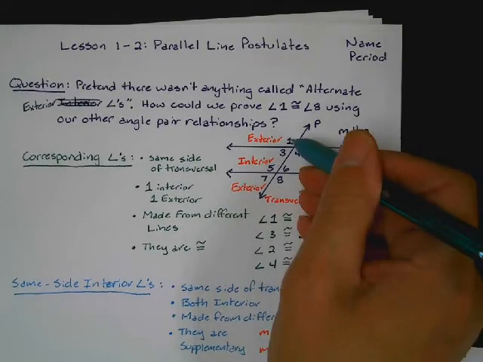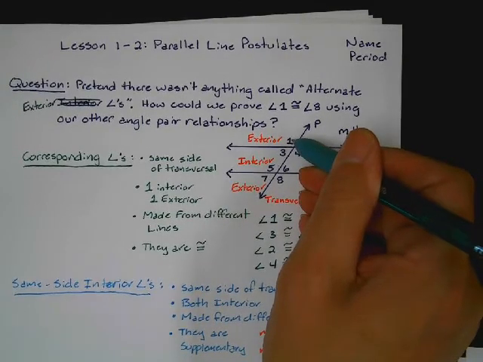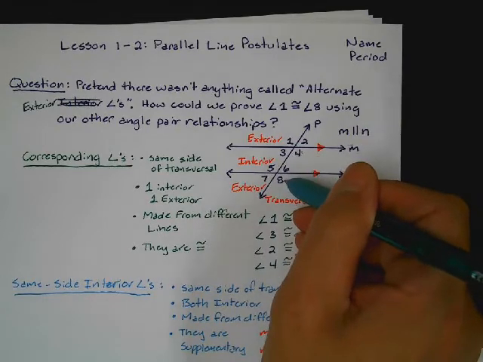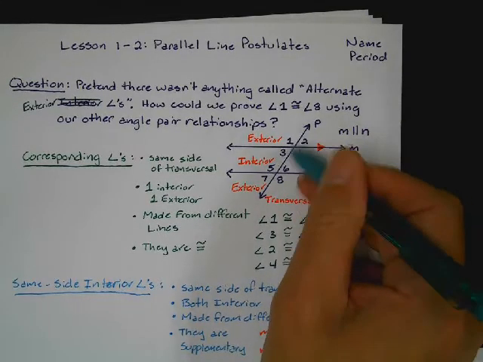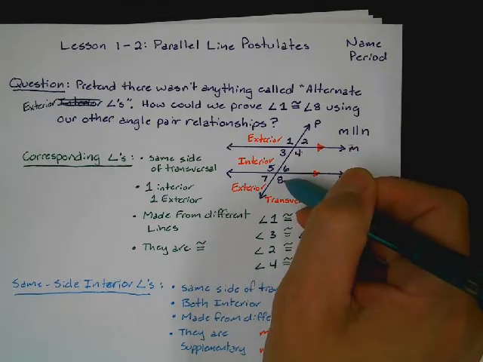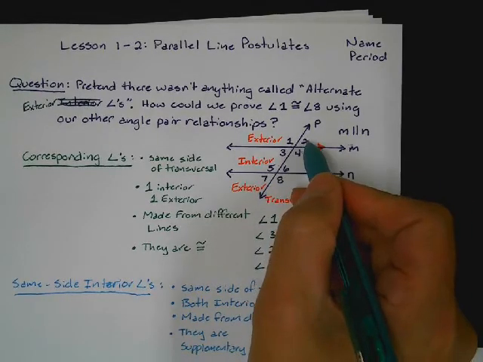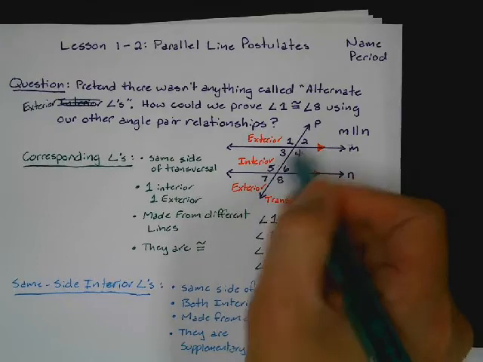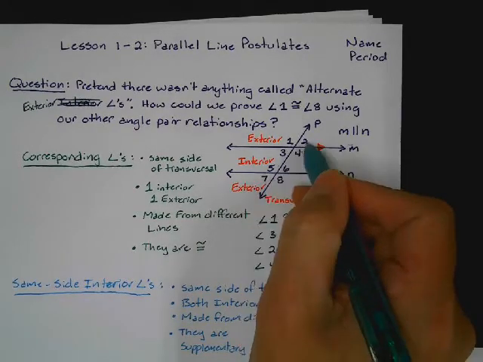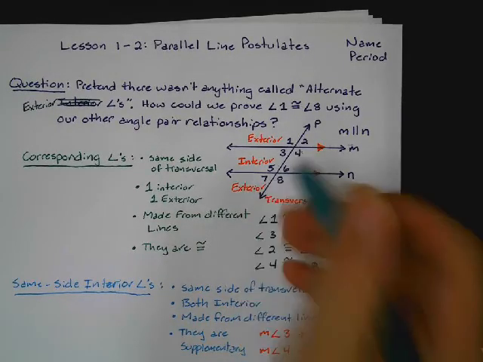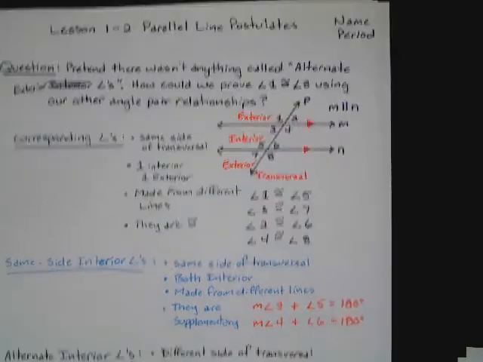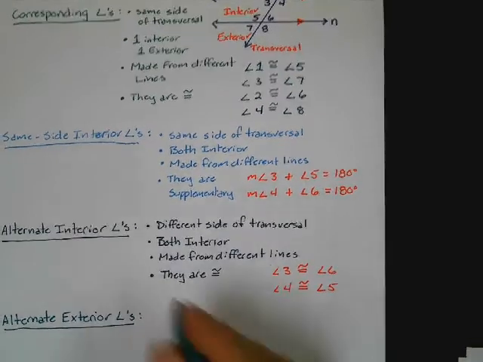Okay, so 1 is an exterior angle. The one on the different side of the transversal would be over here, 8. So 1 and 8 are alternate exterior. They're both exterior on different sides of the transversal. The other one we have is 2 and 7. They're both exterior angles and they're on different sides of the transversal. And remember, these all have to touch different lines. They have to be made from different lines.